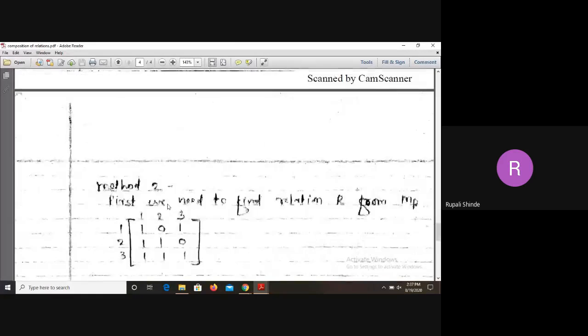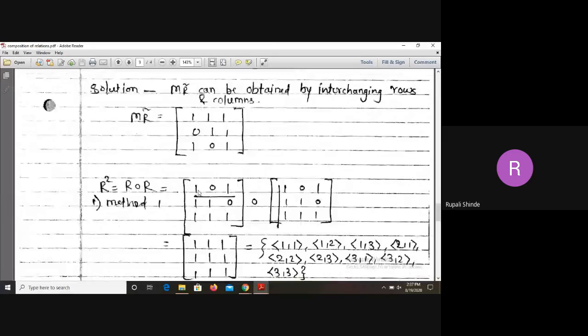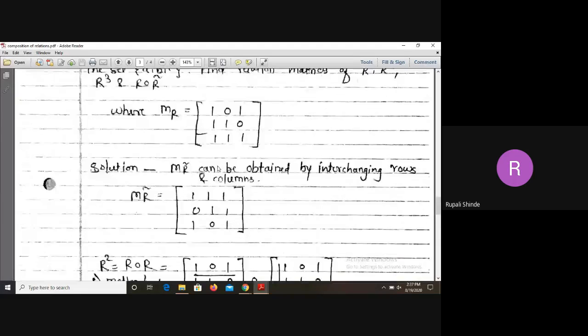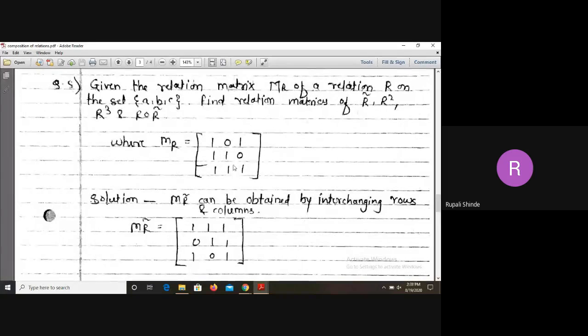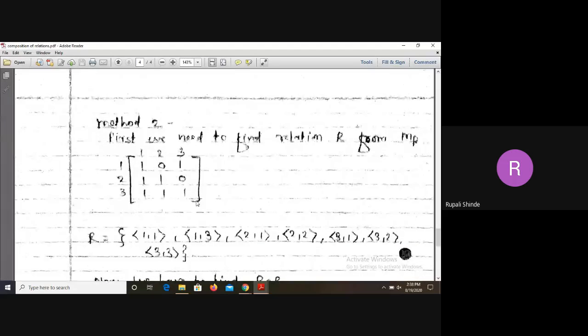Second method is here. The matrix for relation R is 1 0 1, 1 1 0, 1 1 1. So here we can define relation R from this matrix. Now this matrix is of 3 by 3, rows and columns 1 2 3. Now the first one is 1.